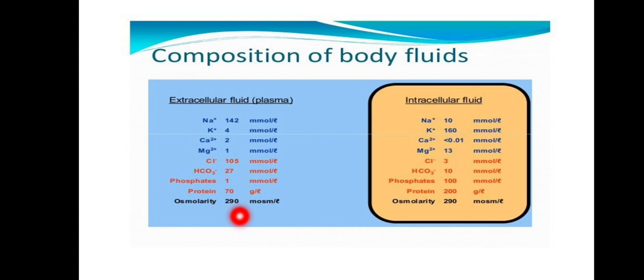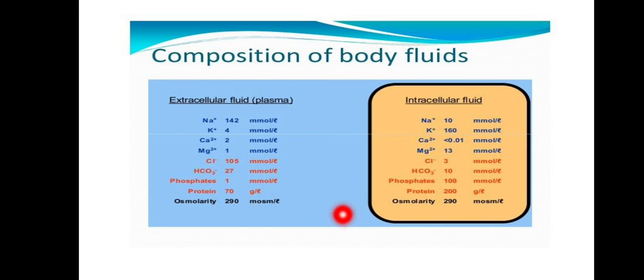Milliosmoles per liter are the units for osmolarity, meaning that we are just looking at the composition of these solutes within a liter of a what? Of a solution. And the normal osmolarity of blood is between 280 to 290 milliosmoles. Then the osmolarity of blood is normal.